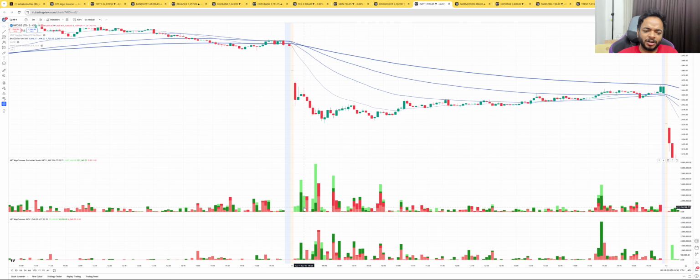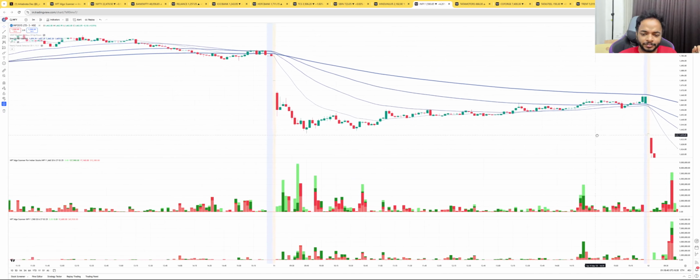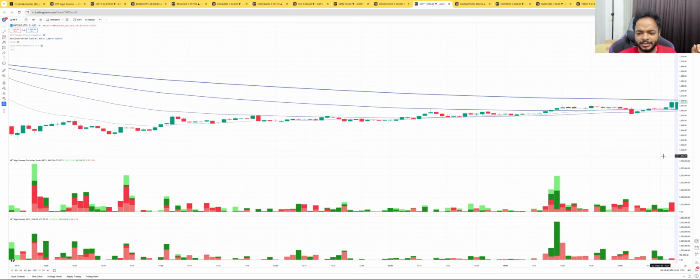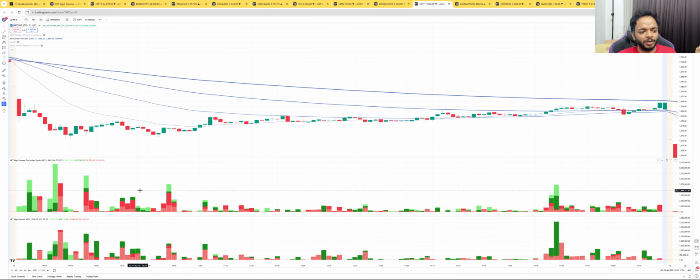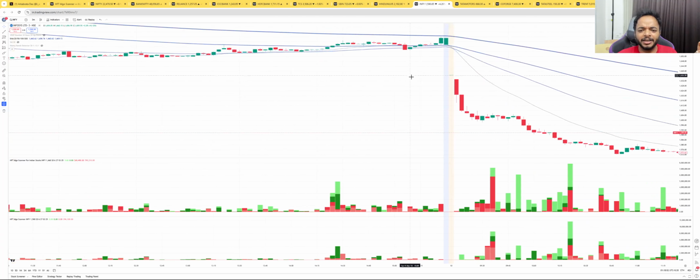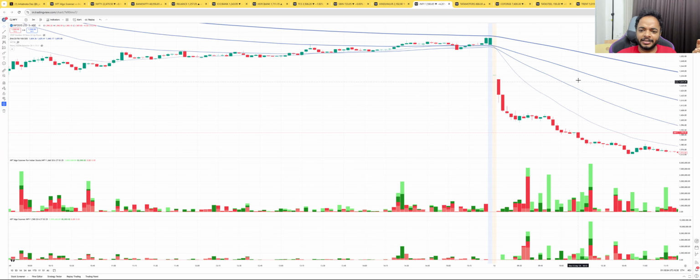So here also call writing, put writing, again a short straddle type of thing, and the market was flat. Now if you look here, that was a flat thing, but what happened afterwards was more writing, and at the end some short positions happened, and again it went gap down there.